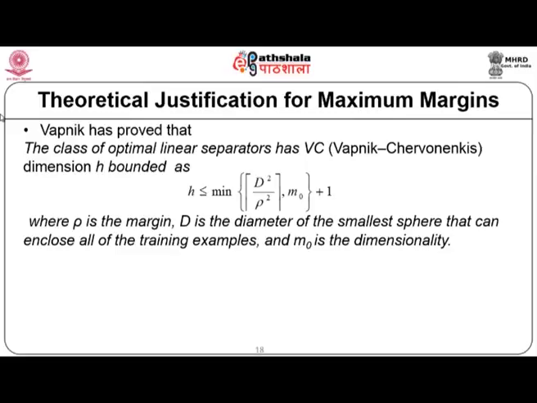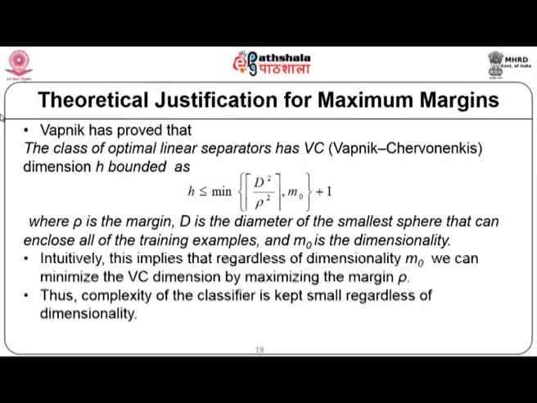Rho is the margin, d is the diameter of the smallest sphere that can enclose all the training samples, and m0 is the dimensionality.